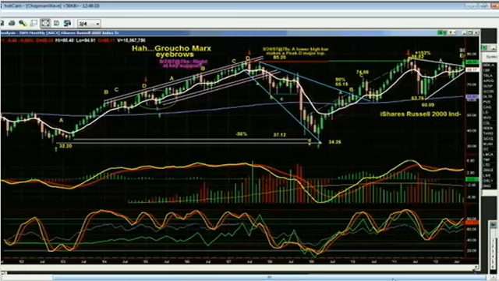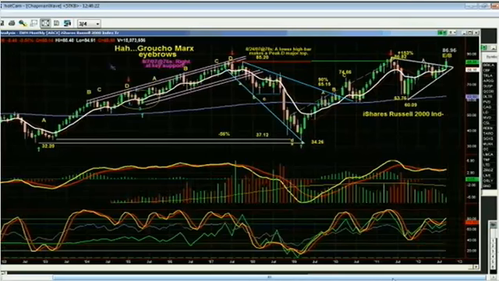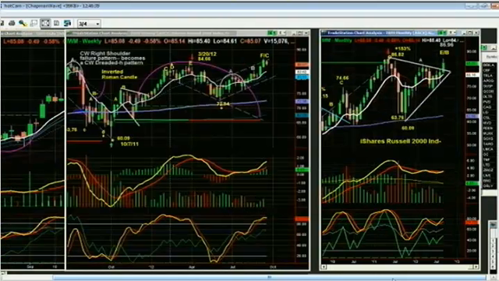So I might be wrong about this, but I've got the chart in front of me, and the chart says that the IWM, the Russell 2000 Index ETF, made all-time highs. That's the contract. This is the contract. I do have the IWM.